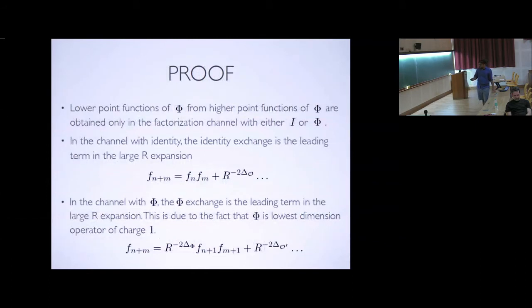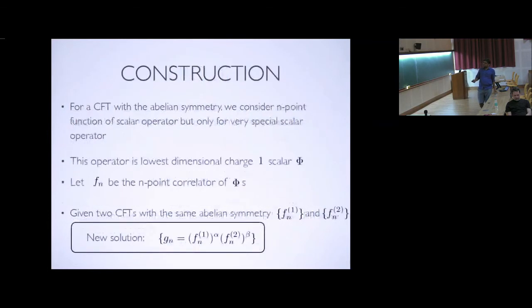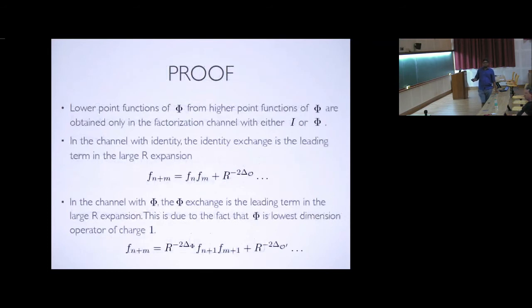So now this G, I will show that when it factorizes onto itself, you would get the right correlation functions. There are only 2 possible ways in which it could factorize into itself. If you start from a higher point function of phi, you look at the factorization channel with either the phi exchange or an identity exchange.